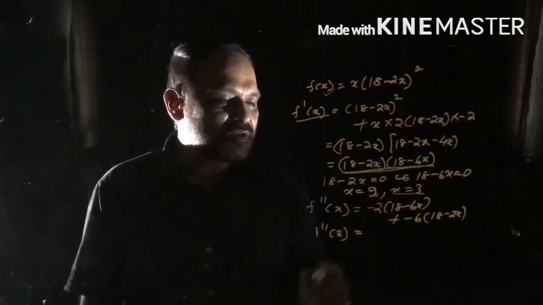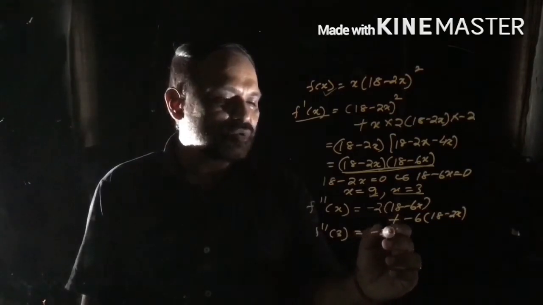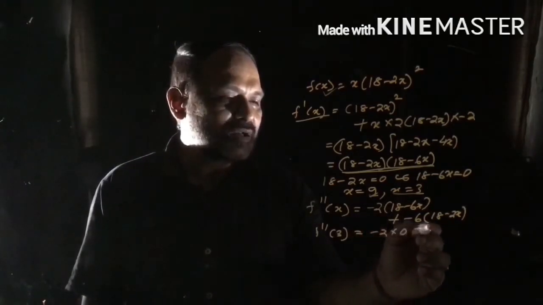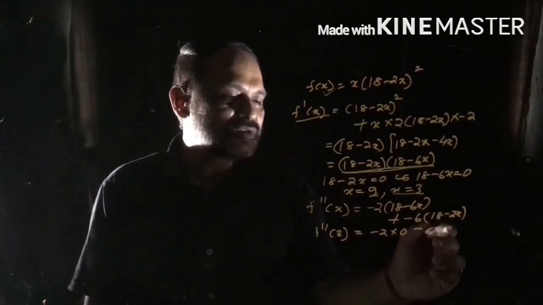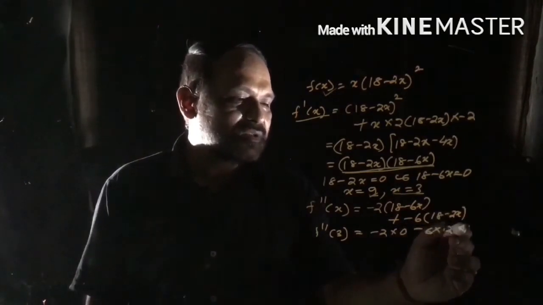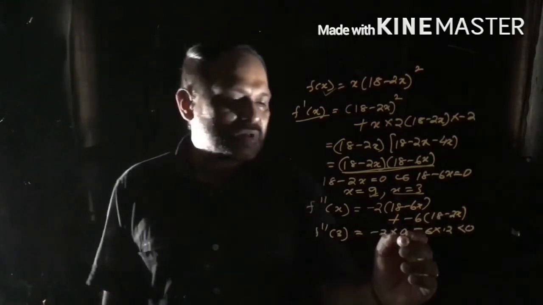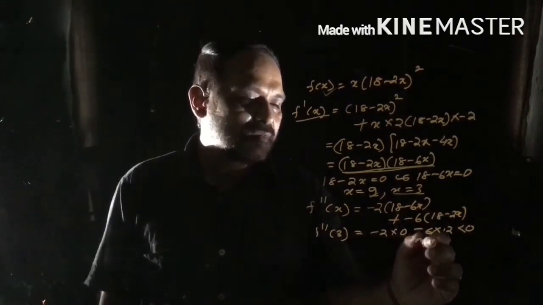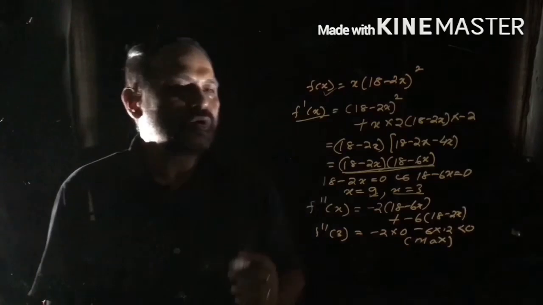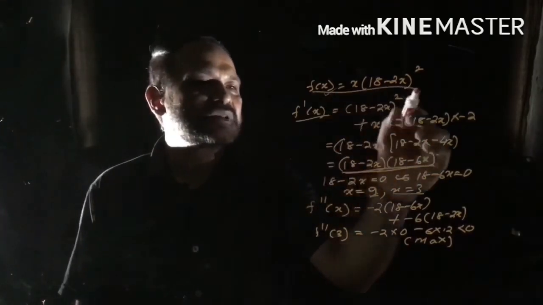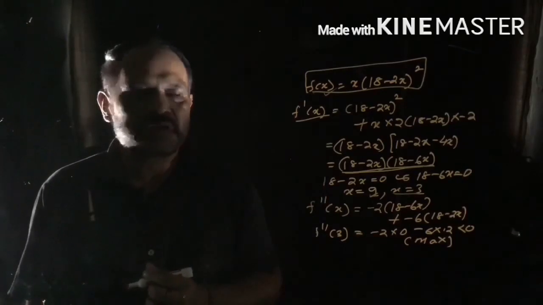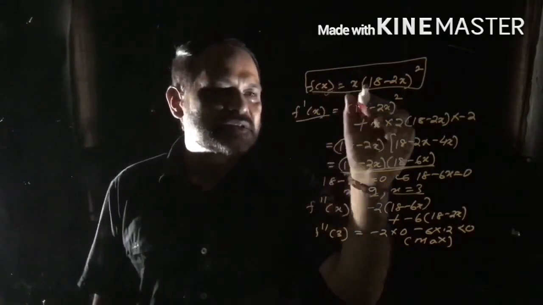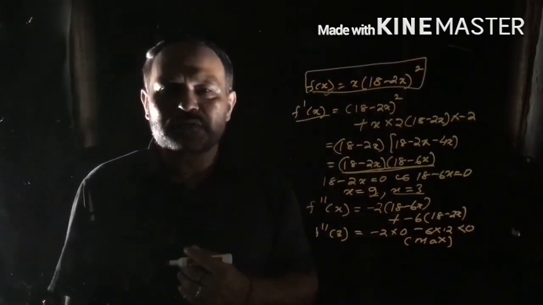F double dash 3 is equal to minus 2 into 0 minus 6 into (18 minus 6, that is 12), which is less than 0. Less than 0 means the function is maxima. So this function is maximum at x is equal to 3. The volume is maximum at x is equal to 3.